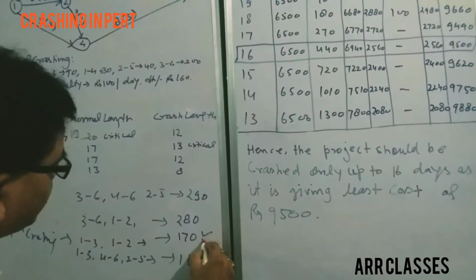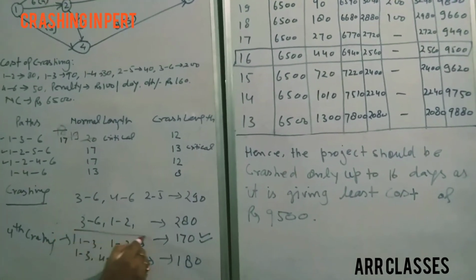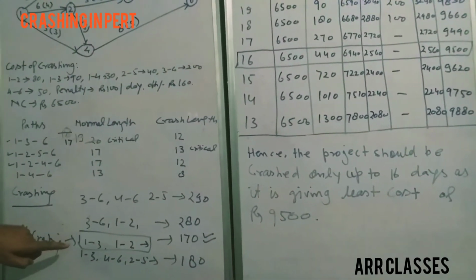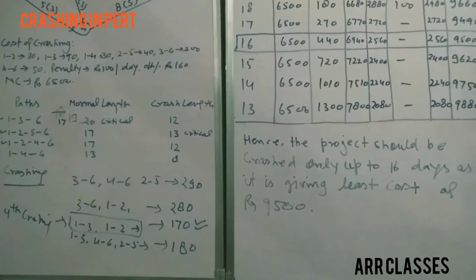That means this combination is better. So at the stage of the fourth crashing, we should crash the 2 activities together.